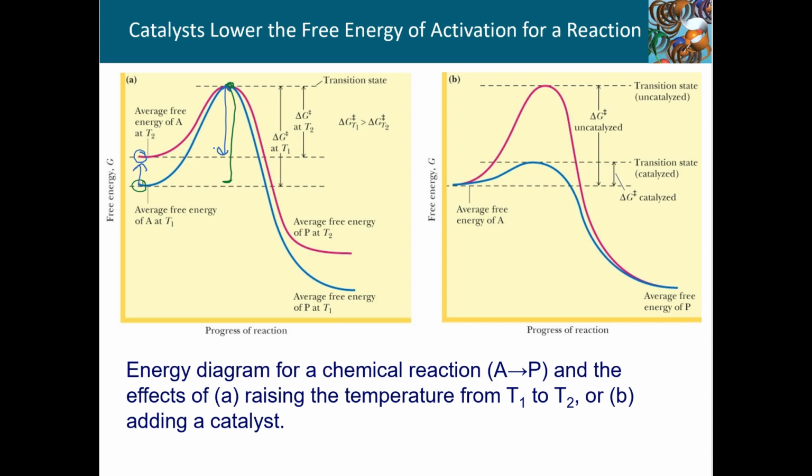Conversely, if we look at B, we aren't changing the energy of our products or the energy available in our system. And we're certainly not changing the energy of our reactants. We're not changing the energy level of our products. What we're doing is we're reducing that barrier through a variety of mechanisms, which we'll get into in the next lecture.